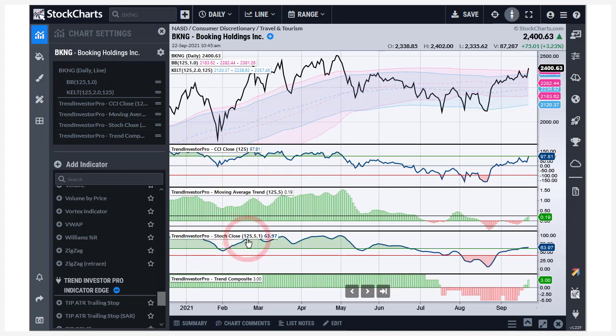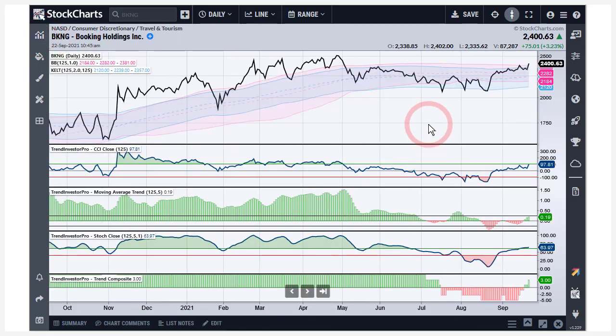Then we've got Stochastic close, which is a 125-day stochastic oscillator based on closing prices, smoothed with a 5-day moving average. And then the commodity channel index, again 125 days. So all of these are set at 125 days, which is around 6 months. That is because I'm looking to capture a trend in what I think is the sweet spot, that 4 to 6 month window.